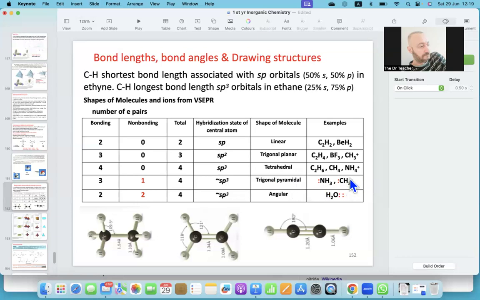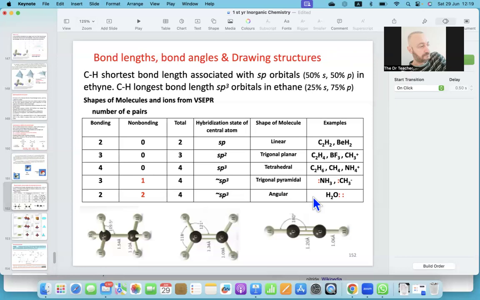And like the methyl group CH3 minus, here there is 1 free lone pair and 3 bonding. This is a proper bonding, and this is a lone pair. So here it is trigonal pyramidal.